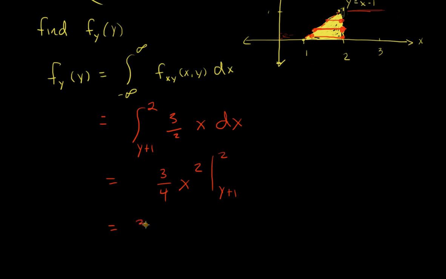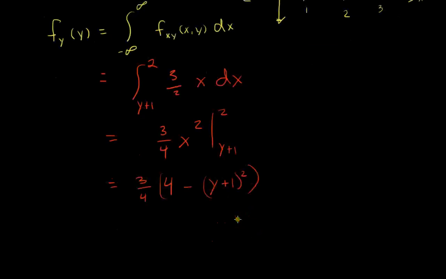So I'll have 3/4 times 4 minus y plus 1 squared. This will cancel, so this will be 3 minus 3/4 (y plus 1) squared.